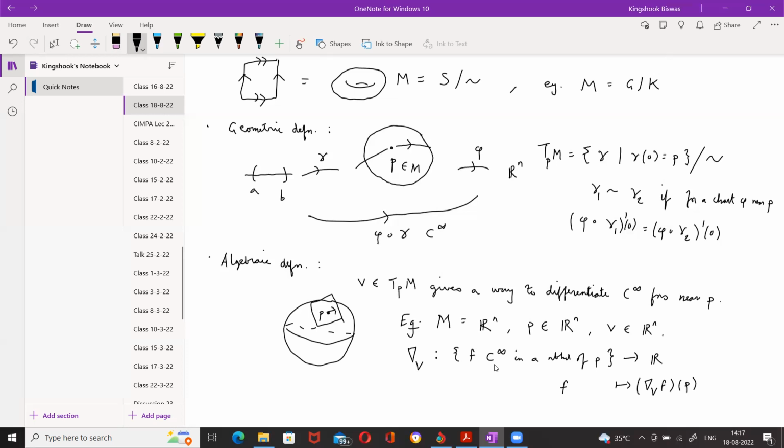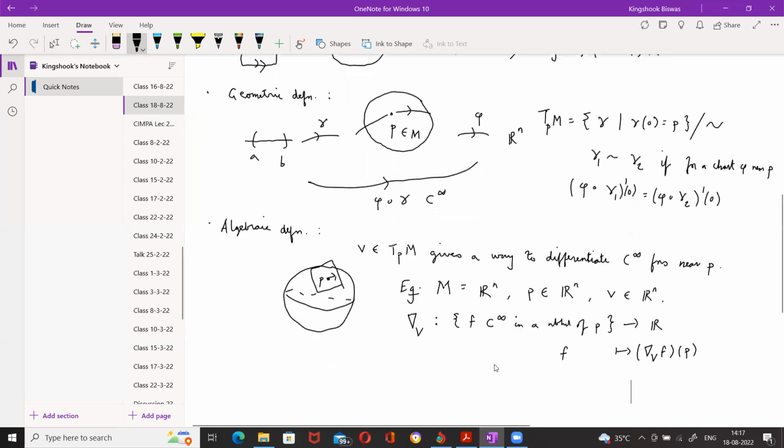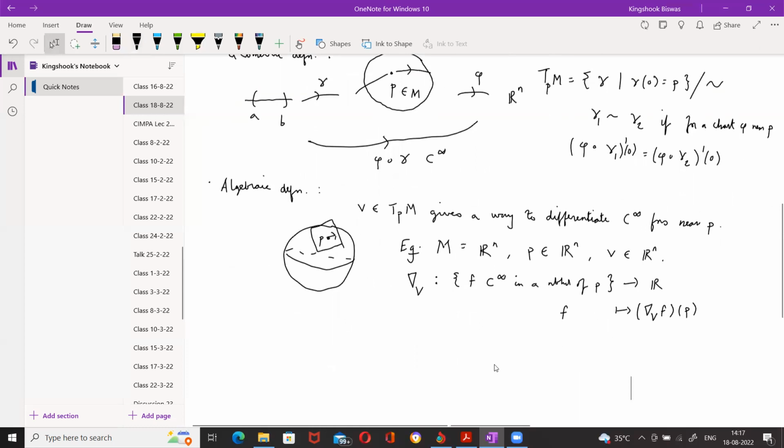So this map will be a linear map. The first thing is what is the correct domain of this map, nabla_V? I'm looking at functions which are C infinity in a neighborhood of P. But if I have two functions which are equal near P, then their directional derivatives at P will be equal.